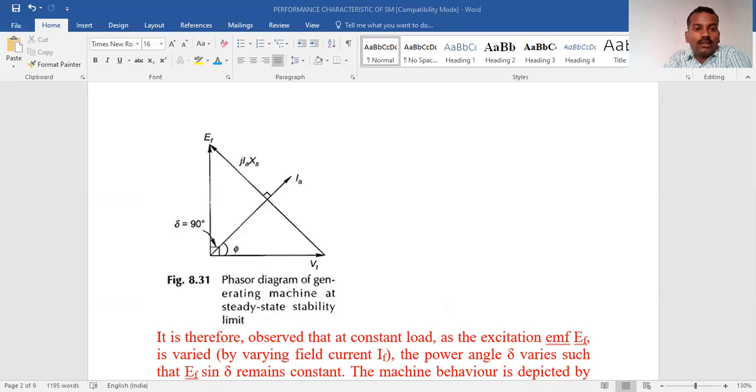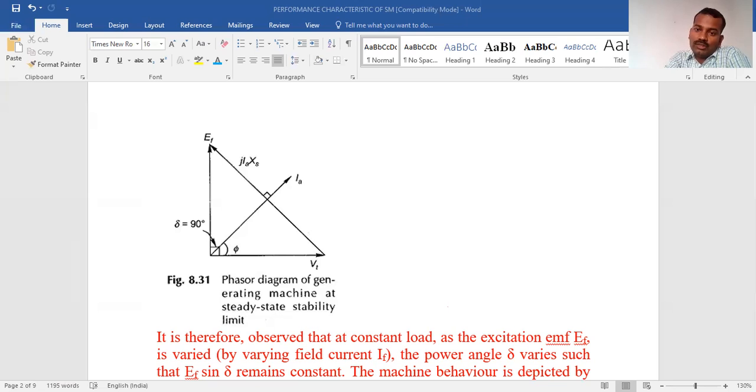The power P versus the torque angle delta is also plotted, and this is a plot of the power versus torque angle delta. You can see here, as the torque angle delta increases, the power P increases sinusoidally. This is depicted here from 0 degree to 90 degree. When the angle was 0, power was 0, but when the angle was 90 degree, it's maximum.